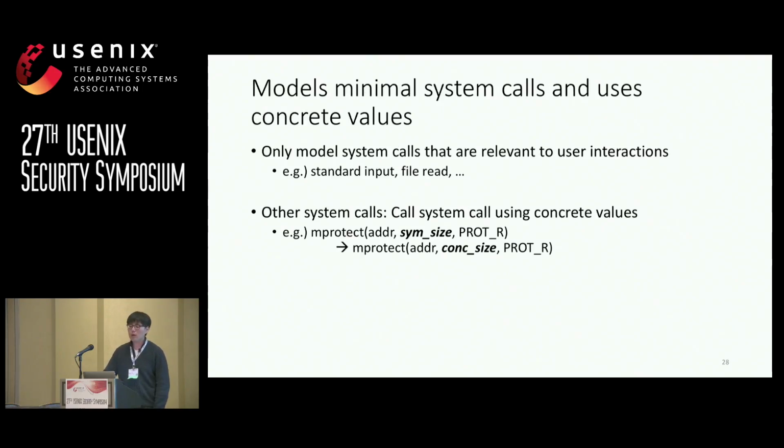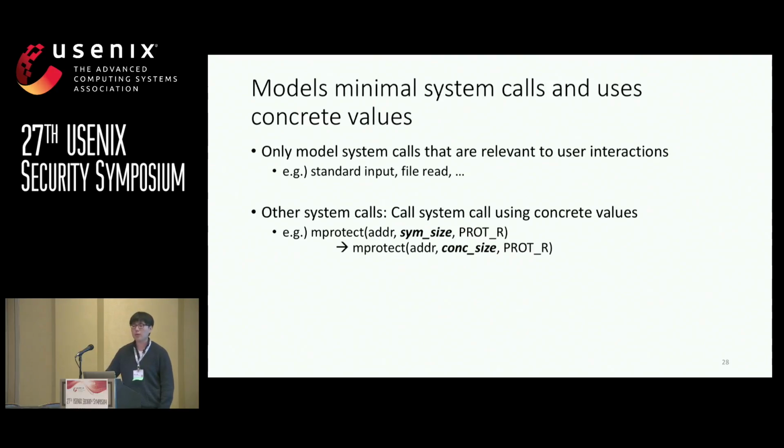QSYM only models minimal system calls related to user interactions, for example, the standard input, file read, or network interface. And if there are other system calls, then we call the system call using concrete values.